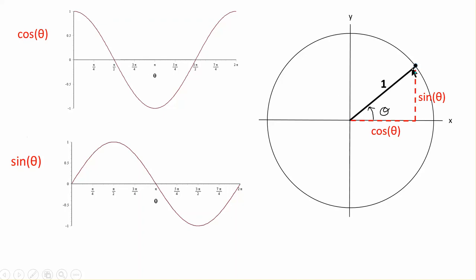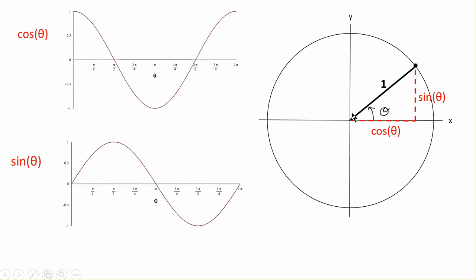Meanwhile, the height of this point, as you swing it around to larger angles, is growing. So the sine function is growing. The sine function becomes largest when this point swings around and you're at a 90-degree angle, which means sine of theta is 1.